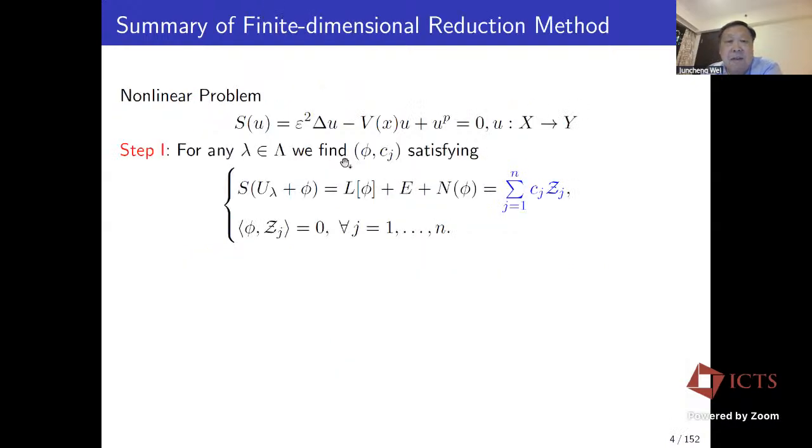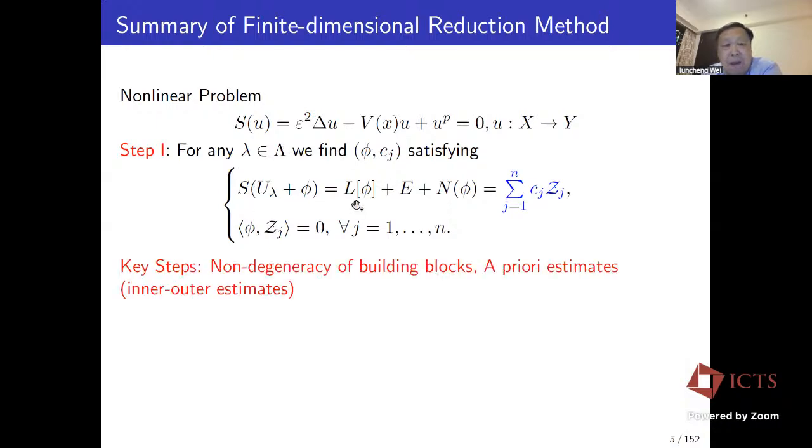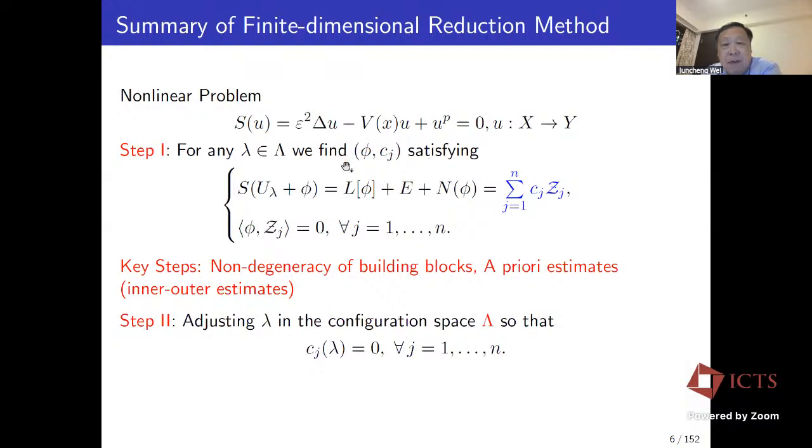Let me just go quickly. For the first lecture, we do it in two steps. In the first step, we solve the problem up to finitely many Lagrange multipliers, and then in the second step, we make the Lagrange multipliers equal 0.